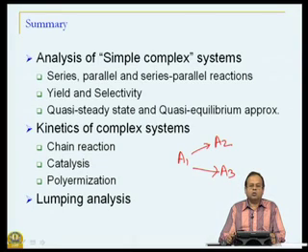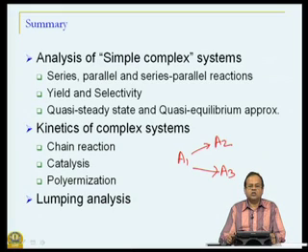We then talked about two important concepts which are required for arriving at the kinetic rate expressions for such a complex network of reactions. Those two concepts were namely the quasi steady state and quasi equilibrium approximations.